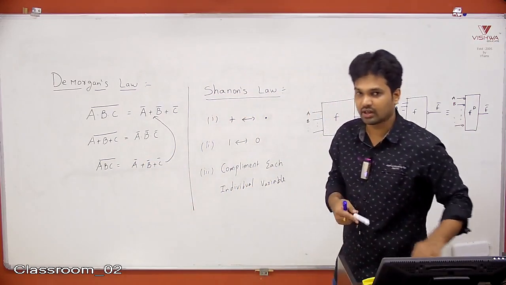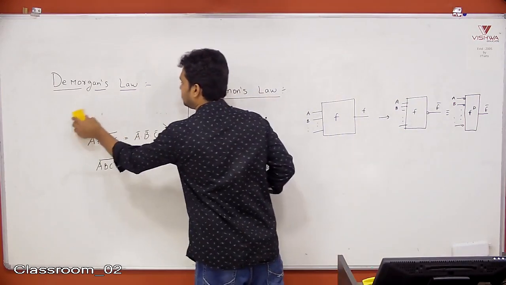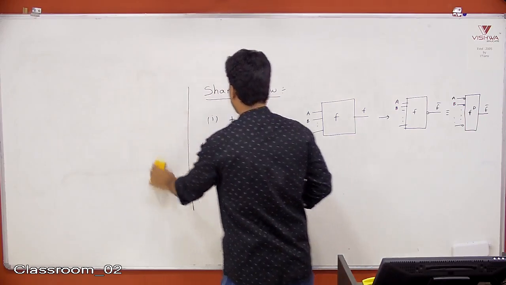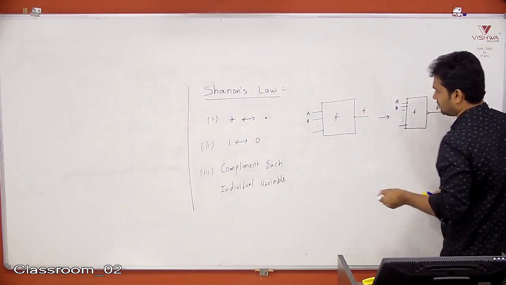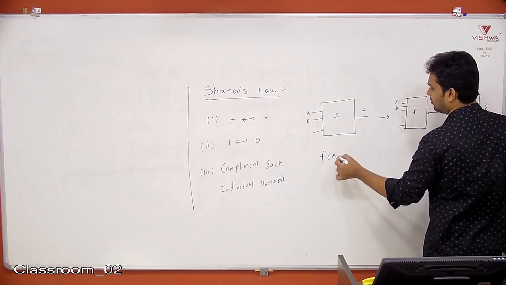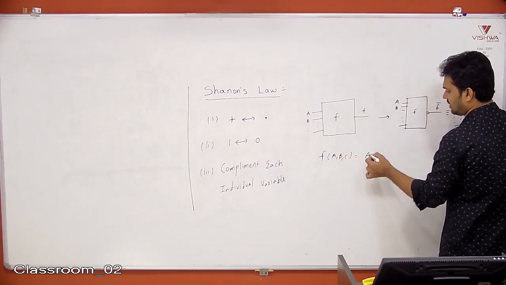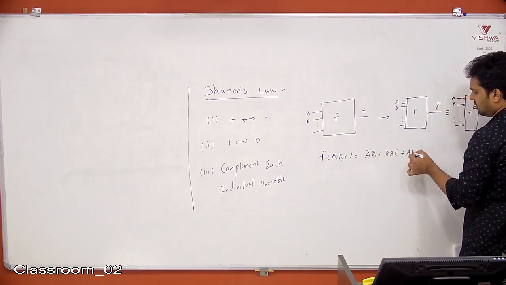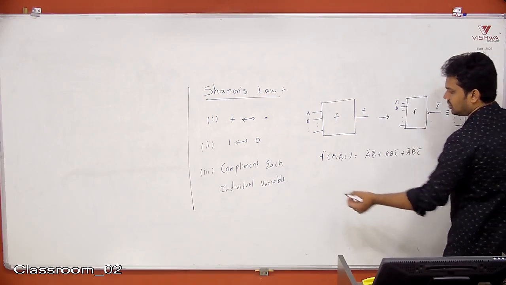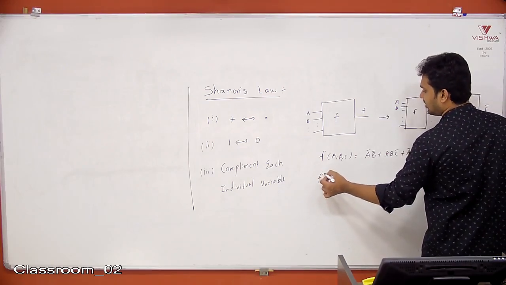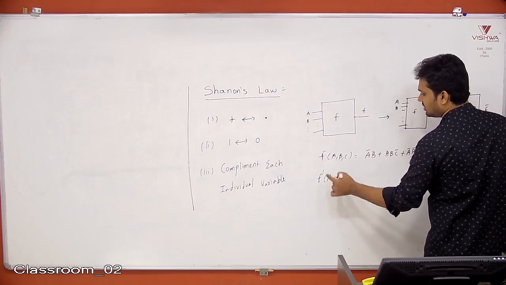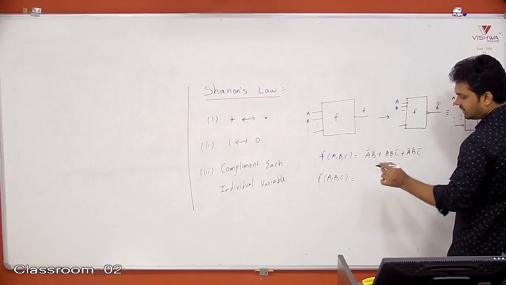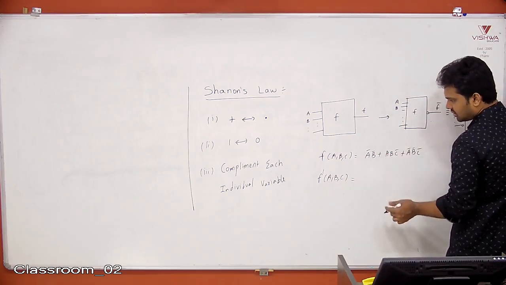Okay. For your better understanding, let us take one example. Say my function f of ABC equals, randomly I am taking, A bar, B bar, ABC bar, A bar, B bar, C bar. What is f bar of ABC? This is the symbol we can use for bar. The total complement of the function, how to find it? The easy way is to take the dual of this function. This is Shannon's law.